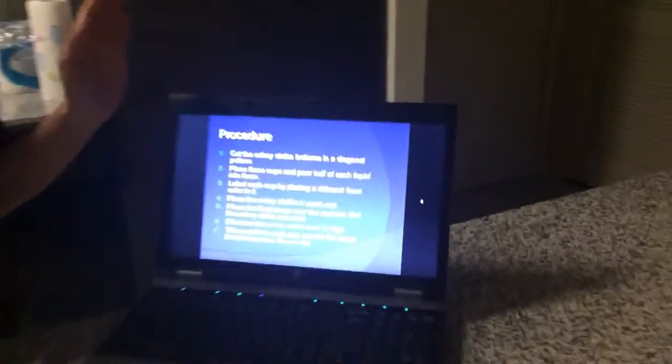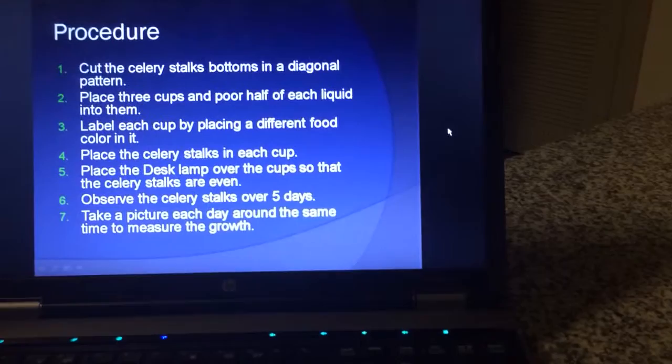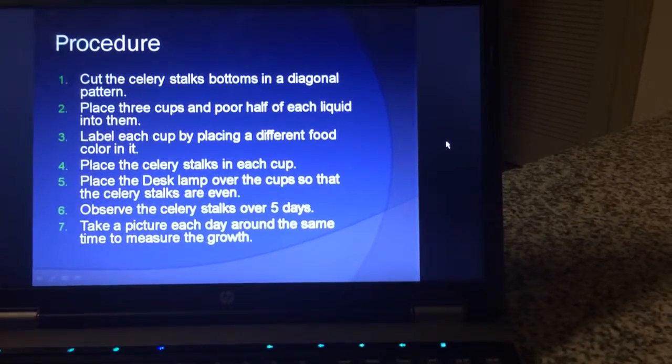So I'm going to break it down. This is the procedure. First, you are going to cut the celery stalks' bottoms in a diagonal pattern.